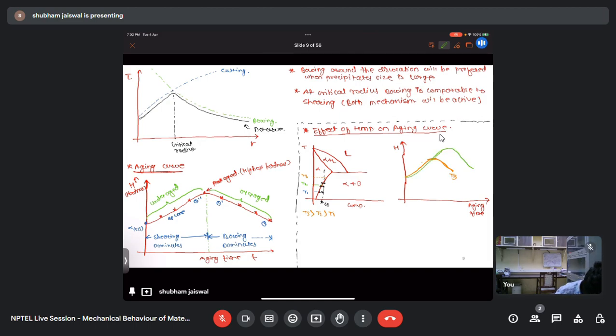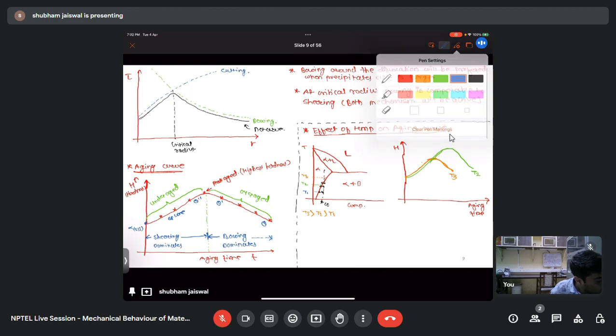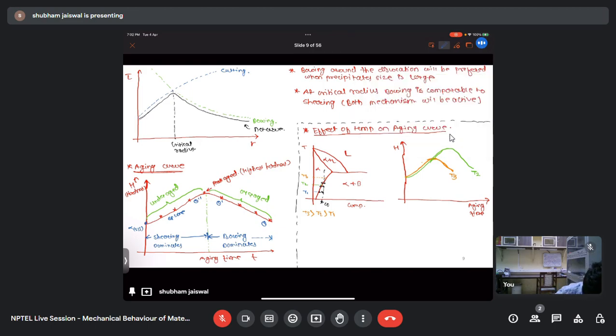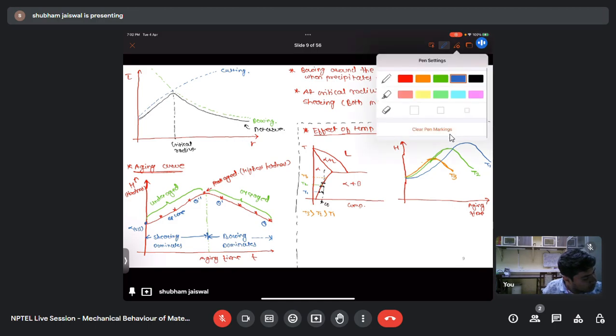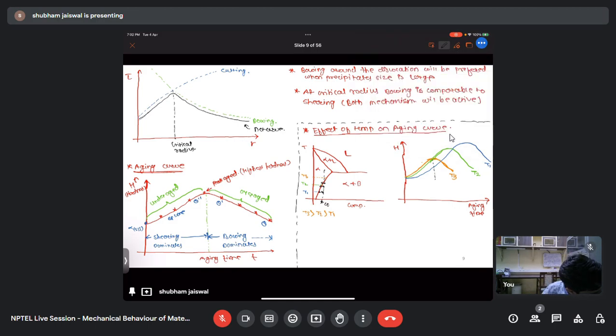So somewhere around here we have the aging curve at a temperature T2, and if we draw for the T1, so this one will be the T1. So if we take a time to reach a peak hardness, so if we see this is T1, T2, and T3.